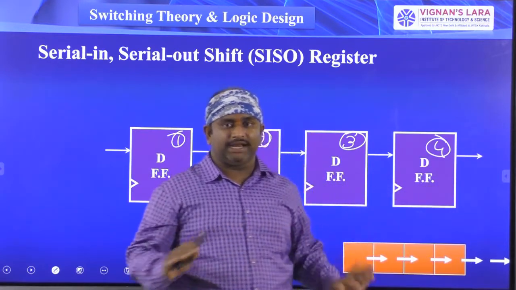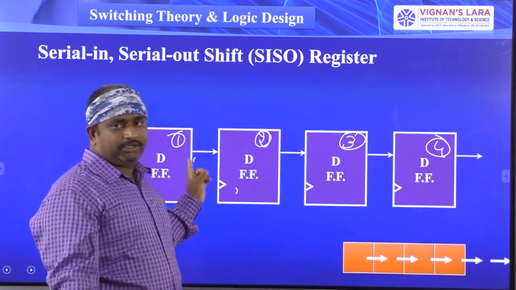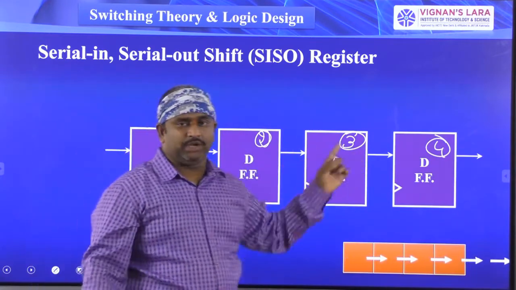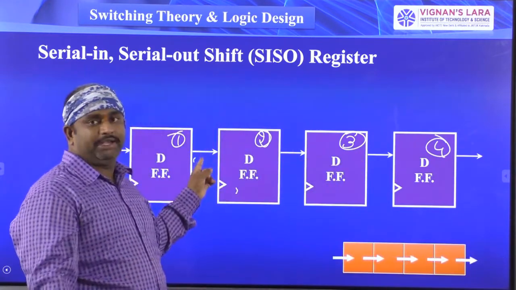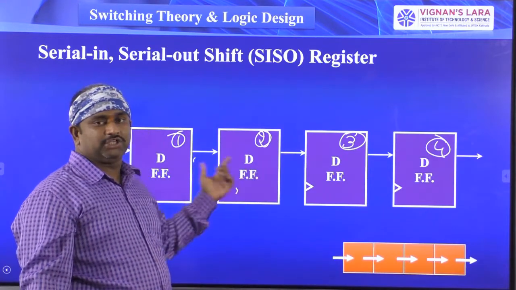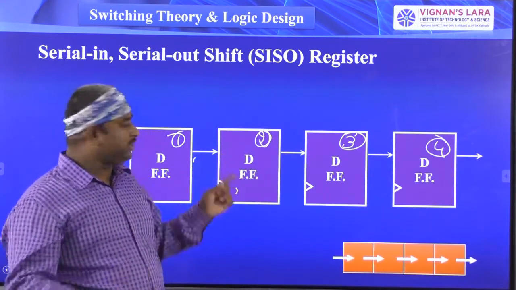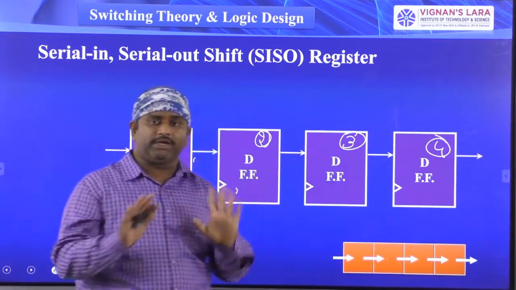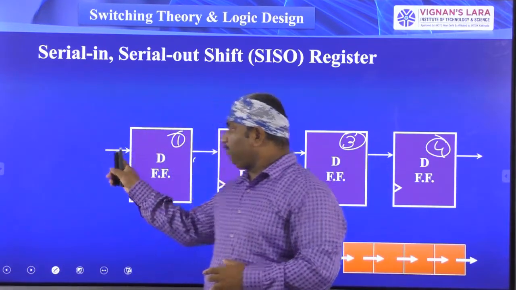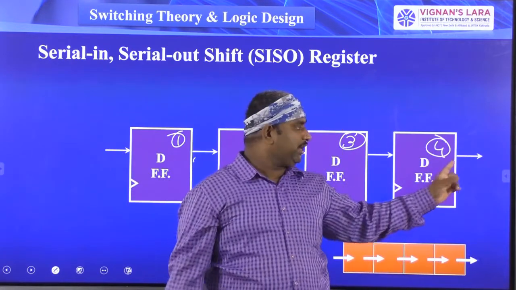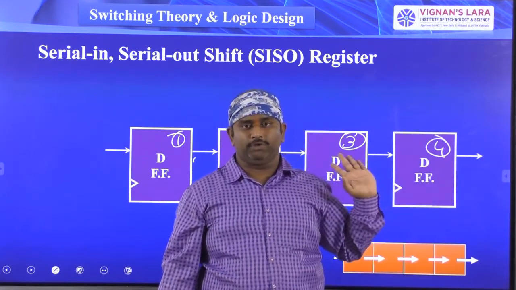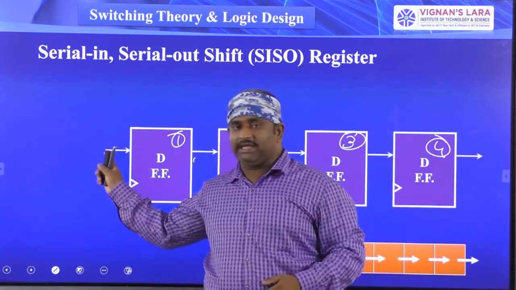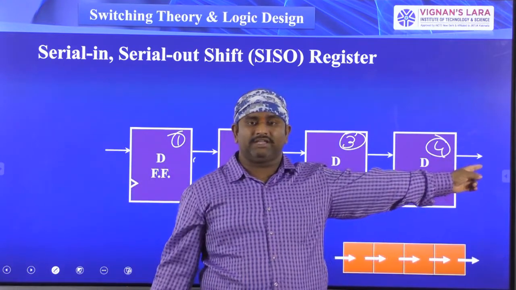There are no other connections available. You cannot touch the intermediate connections, that is, the connections in between two flip-flops. You can touch the input of the first flip-flop, or you can collect the data at the last flip-flop output.